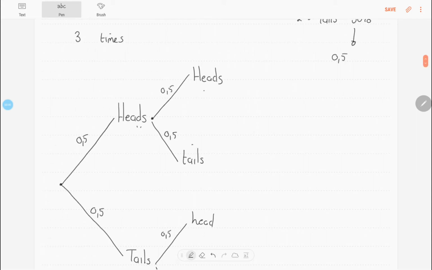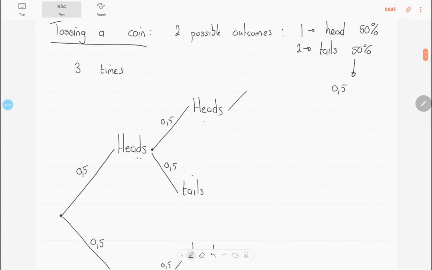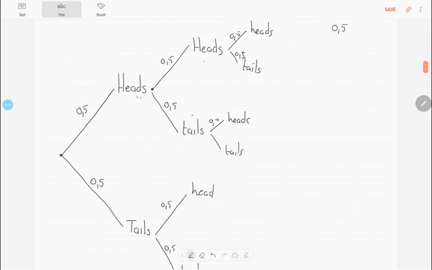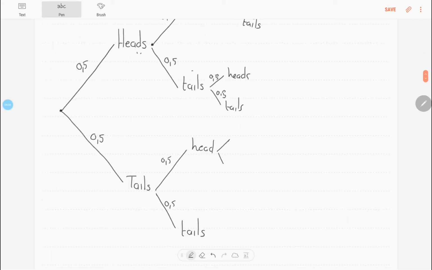Then lastly we flip it again, and each one of these gets a heads and a tails, and each time we write in the probability. 0.5, 0.5, heads and tails.